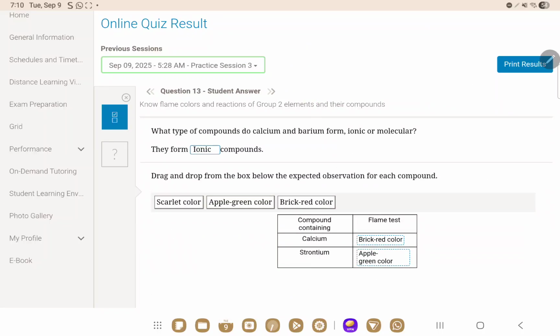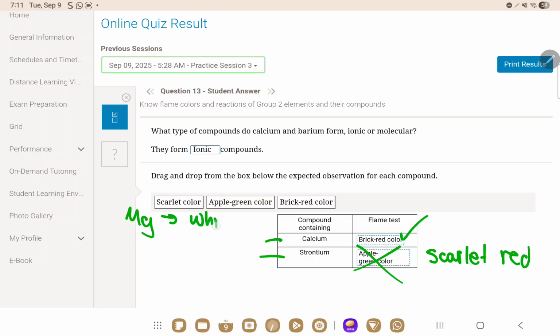Now the last part, this is where there is a mistake. Calcium, when you put it in a flame test, does give you a brick red color. But strontium does not give apple green. It gives you a scarlet red color. Take note. I'm actually going to give you all of them, what colors they give. So, Mg gives you a white flame.